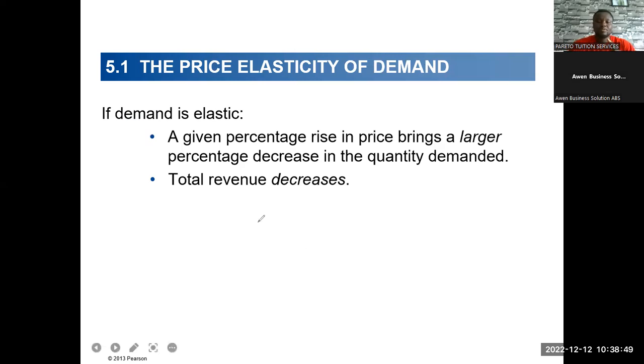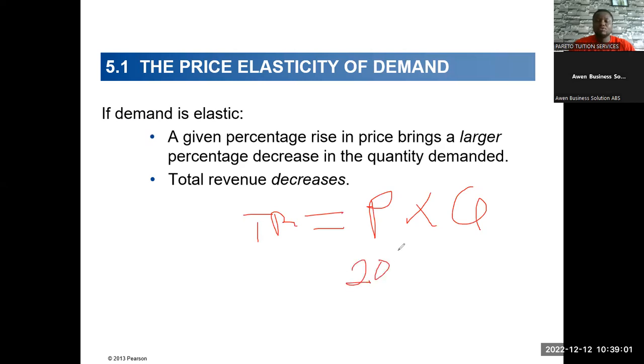Total revenue is equal to price times what? Times quantity. Now, you've increased price by, say, 20%. Remember, if price goes up, quantity will fall. So if the quantity is falling by 50%, while price is going up by 20%, PQ will fall. Are we together?